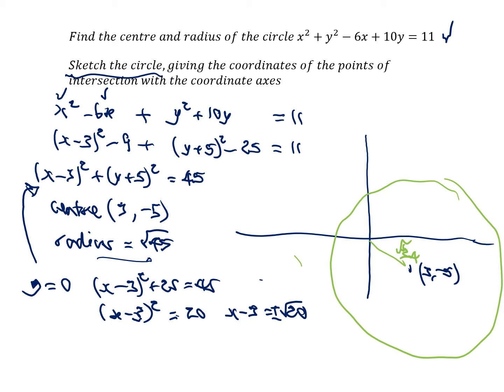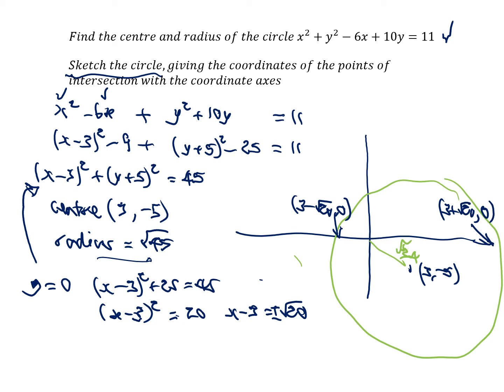And then x equals either 3 plus root 20, which is this point here, or 3 minus root 20, which is that point there. So the coordinates are 3 plus root 20, 0, and 3 minus root 20, 0 there.